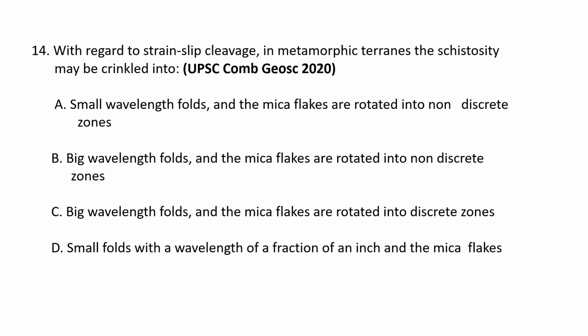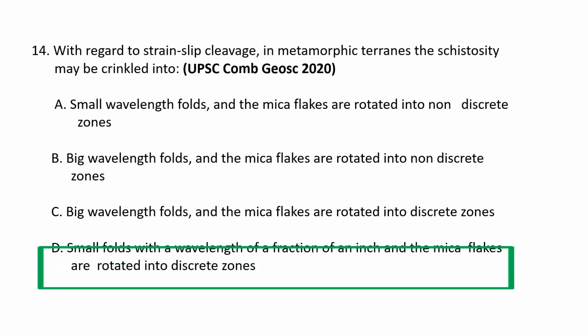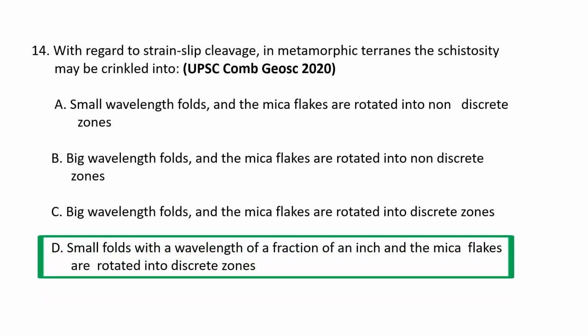And D. Small folds with a wavelength of a fraction of an inch and the mica flakes are rotated into discrete zones. So with regard to the strain slip cleavage in metamorphic terrain, the schistosity may be crinkled into small folds with a wavelength which is a fraction of an inch and the mica flakes are rotated into discrete zones. D is the correct option.